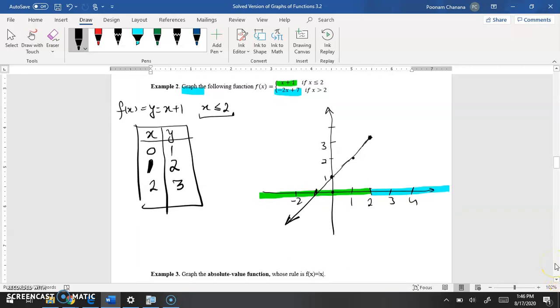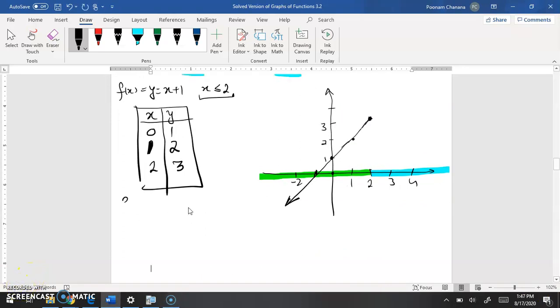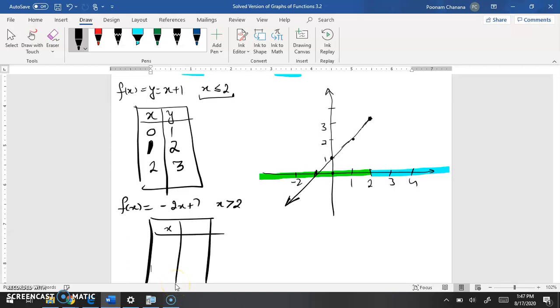Now the remaining segment of the function: f of x is negative 2x plus 7 if x is more than 2. Let's draw the table of values for that. If x is more than 2, naturally we have to take value 3.